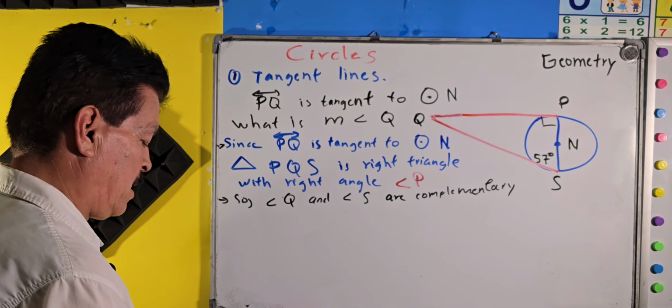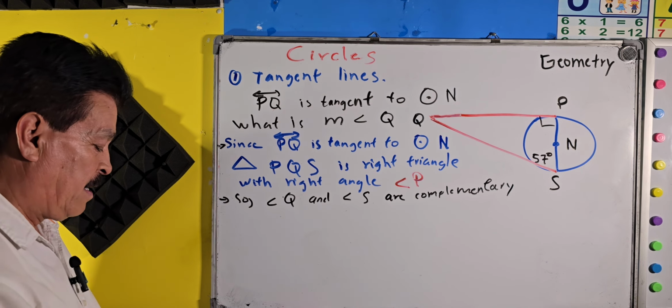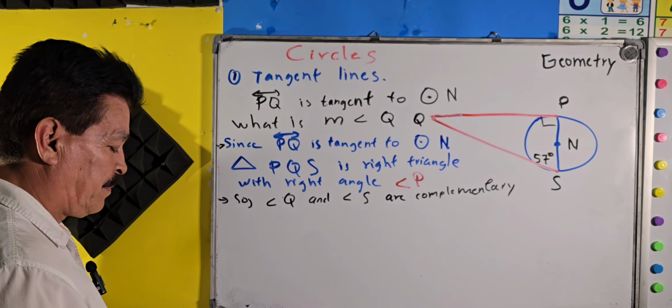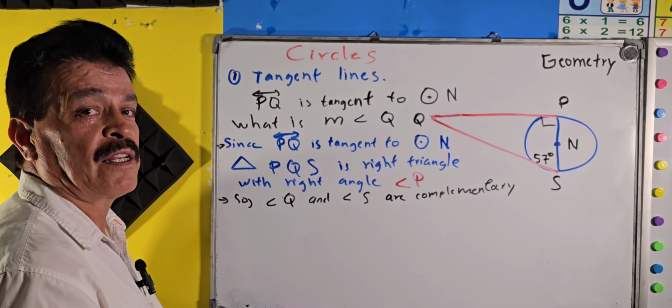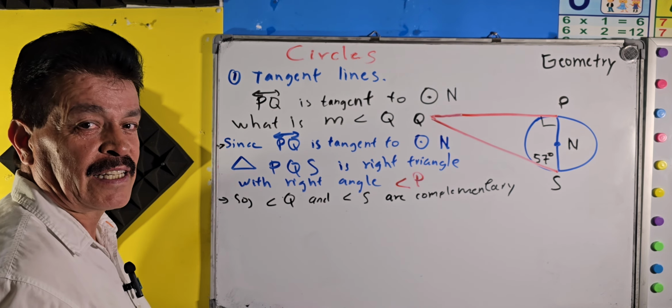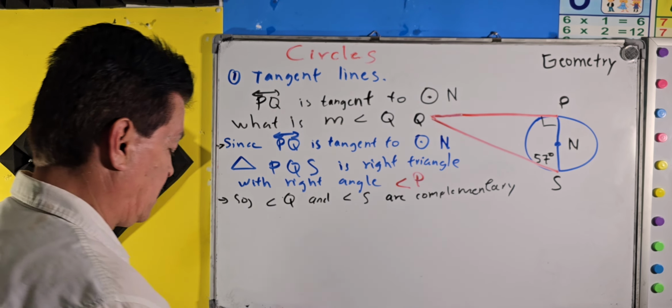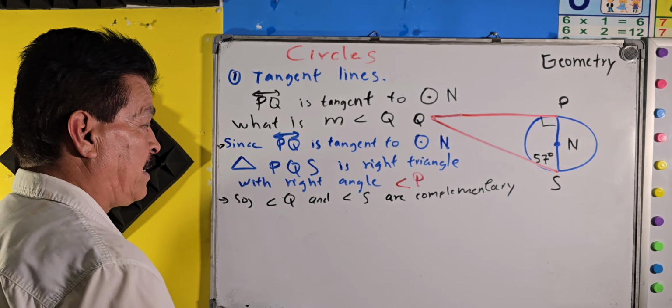This is another thing that we have to know, right? It's very important. So when you add these two angles, the answer equals 90 degrees, because they are complementary.